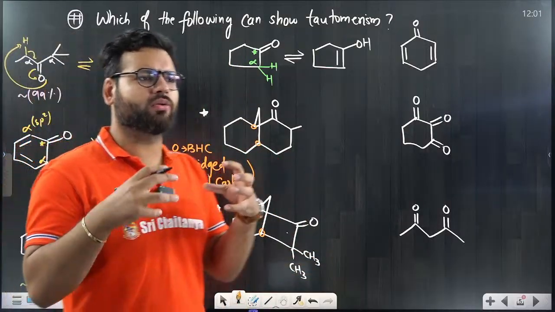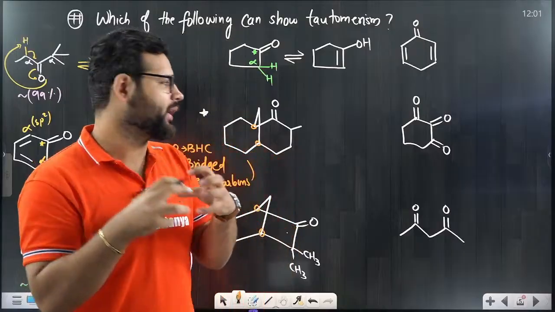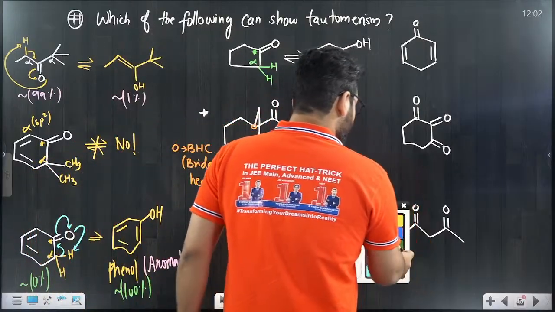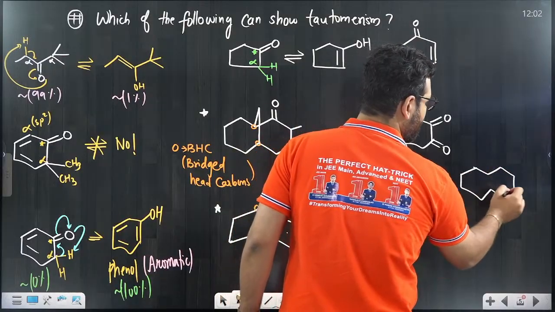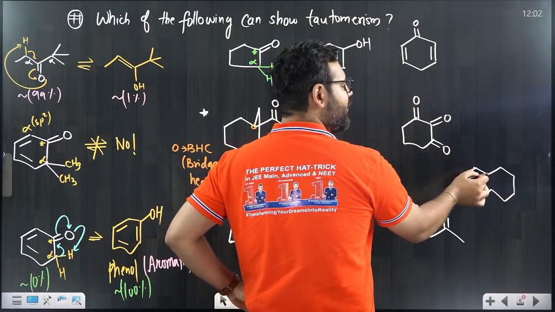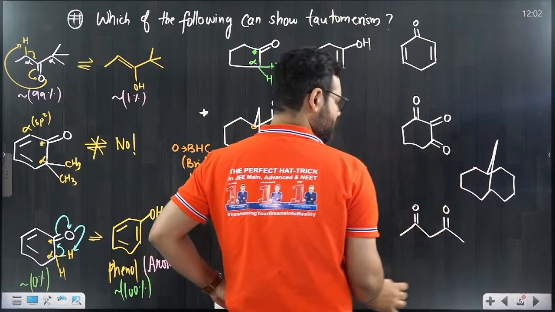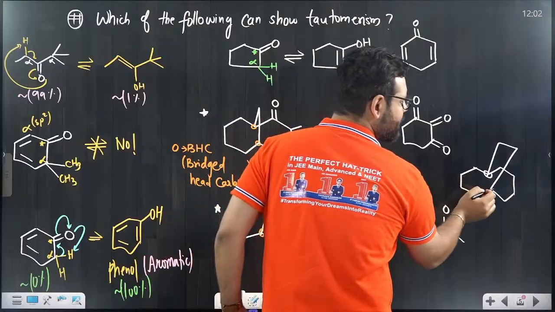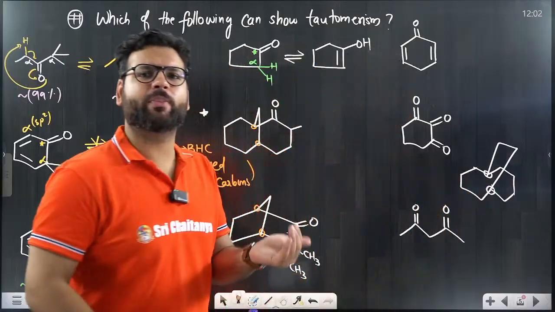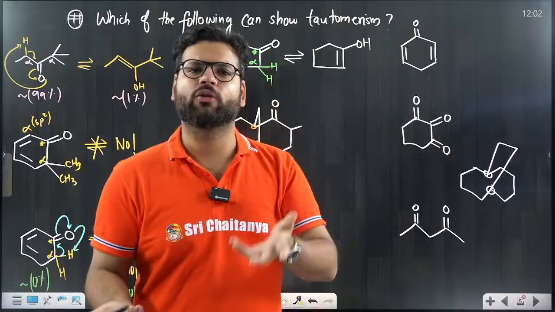So whenever you take two cycles, something like this, and from the middle you add one more cycle here, like this or like this, then these carbons become bridgehead carbons. From here a bridge starts. Bridge means flyover.